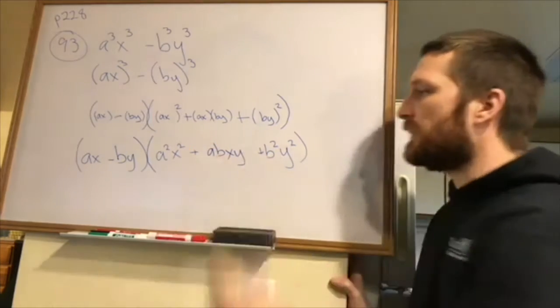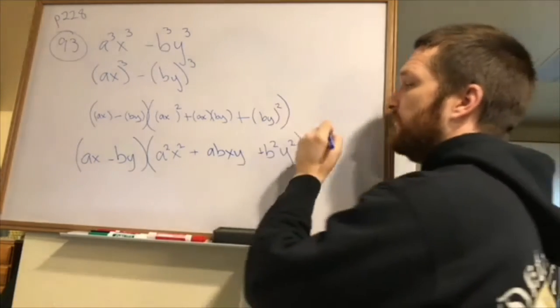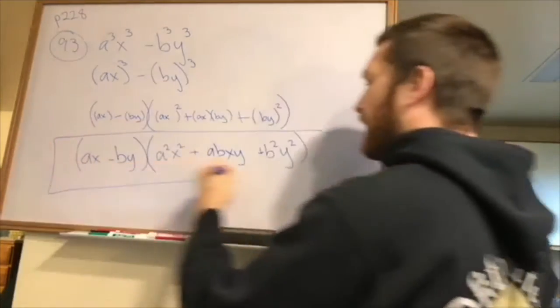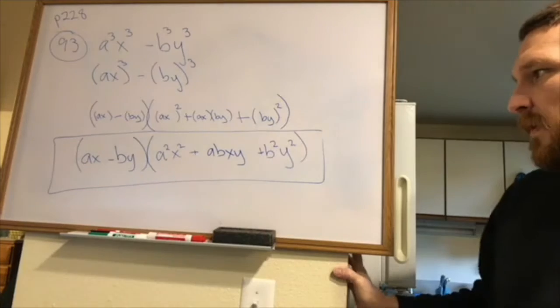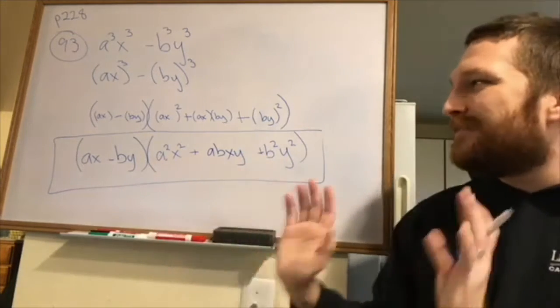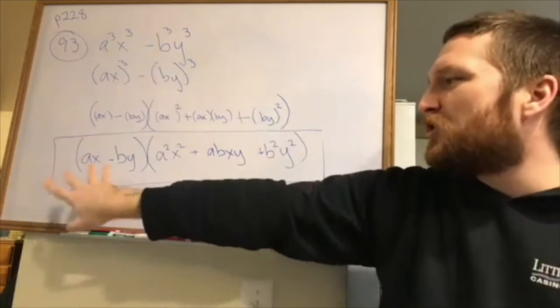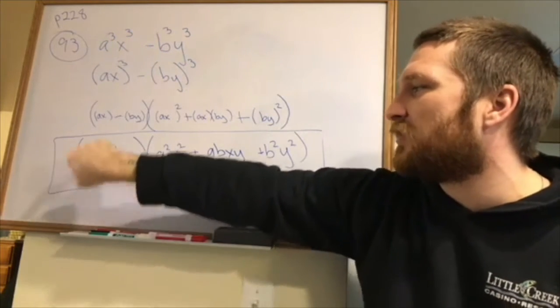And I notice this does not factor anymore. There's not a 2 anywhere. And so I think we are done. That should be the end of that guy right there. And there's nothing else to factor out, right? If we've done our factoring correctly at the beginning, then we shouldn't end up with any common factors here.